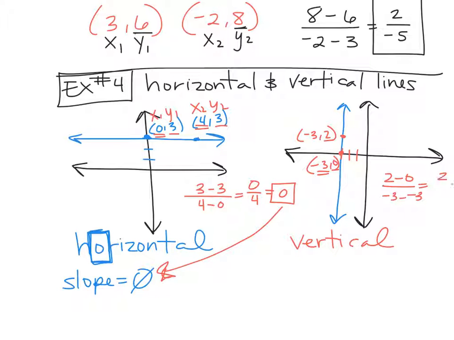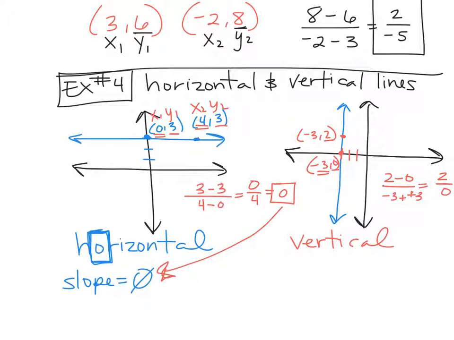Well, 2 minus 0 is 2. What's negative 3 plus 3? 0. Here's the issue. If you plug 2 divided by 0 into your calculator, it's going to tell you syntax error. Do you know why? You cannot divide something into 0 pieces, right?